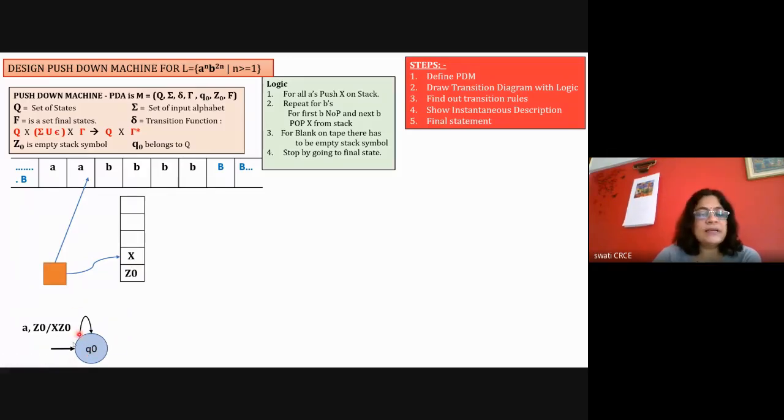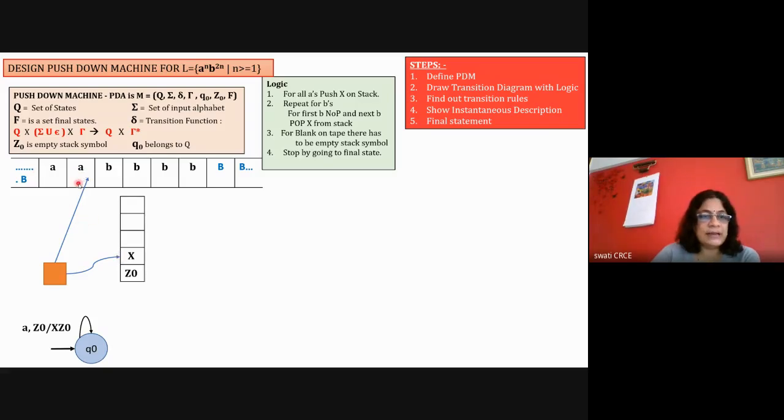So what I'm saying is that in Q0 it will go on adding X onto the stack for all A's. Okay, I think you have understood this transition: in the state Q0, if there is a symbol small a on the input tape and Z0 on the stack, Z0 is replaced with XZ0, and a push operation is done onto the stack.